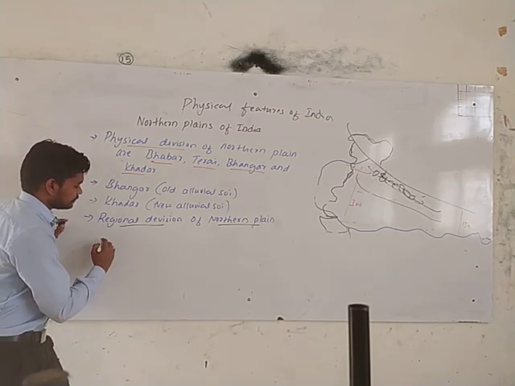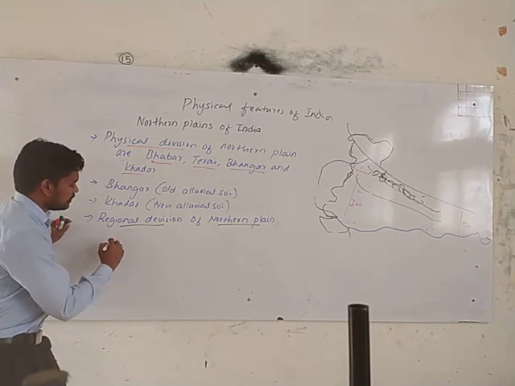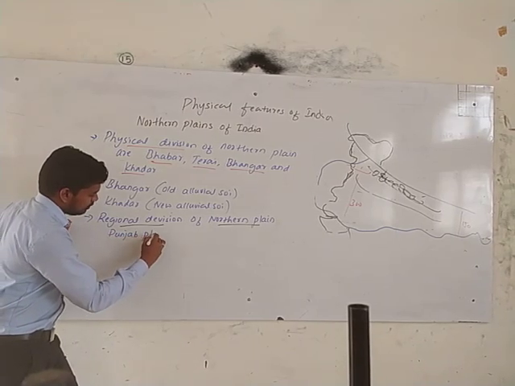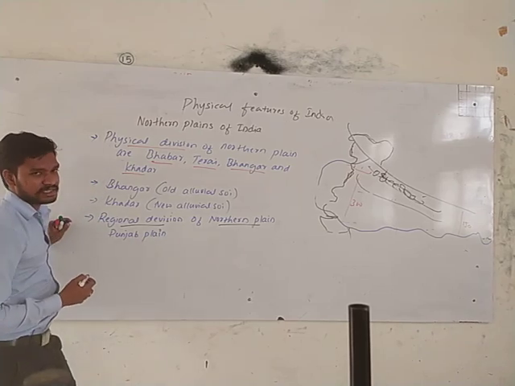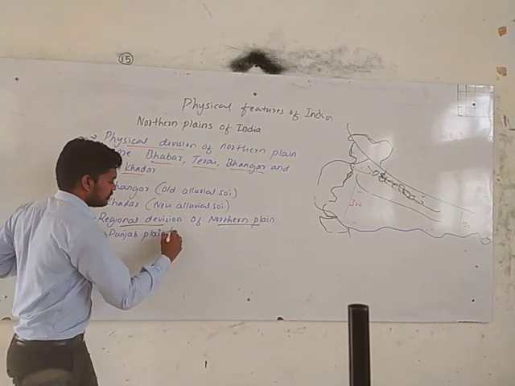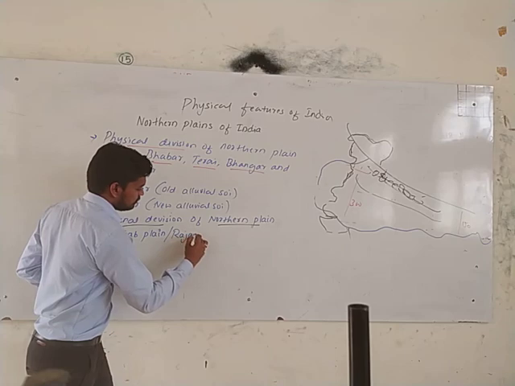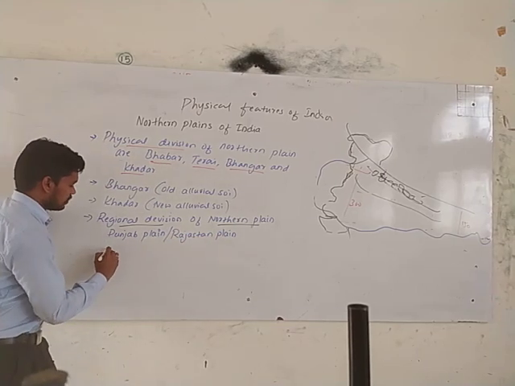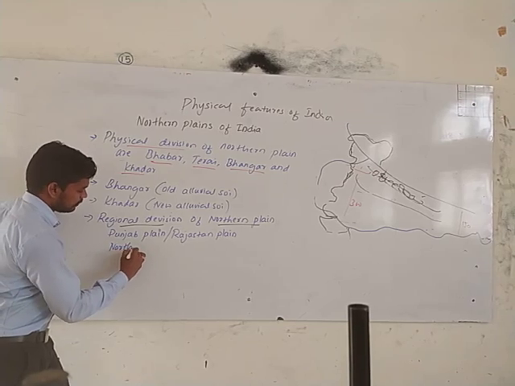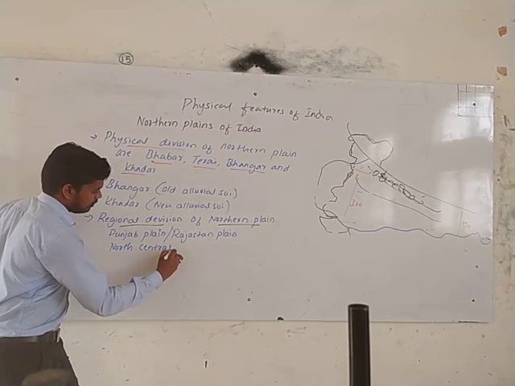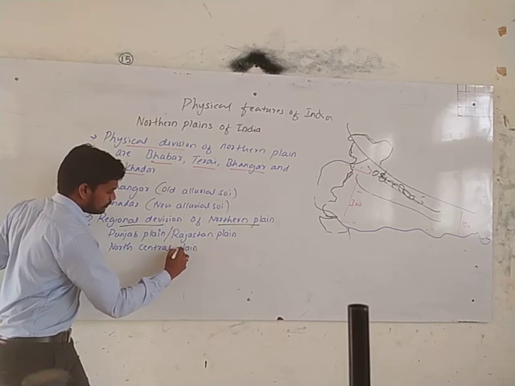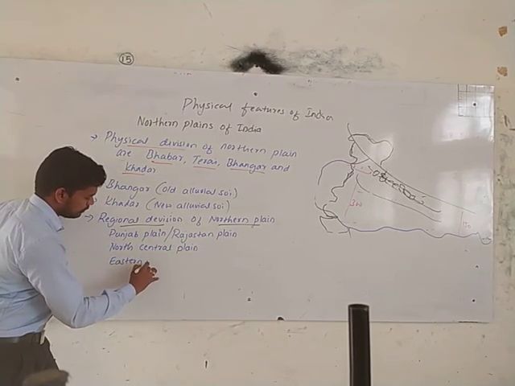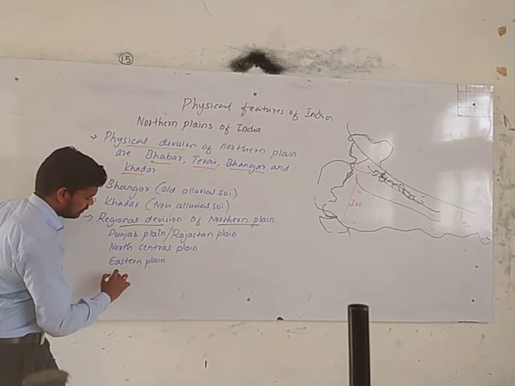One is the Punjab plain, otherwise the Rajasthan plain. You may say Rajasthan, otherwise Punjab plain. Then the North Central plain, the Eastern plain, then the Brahmaputra plain.